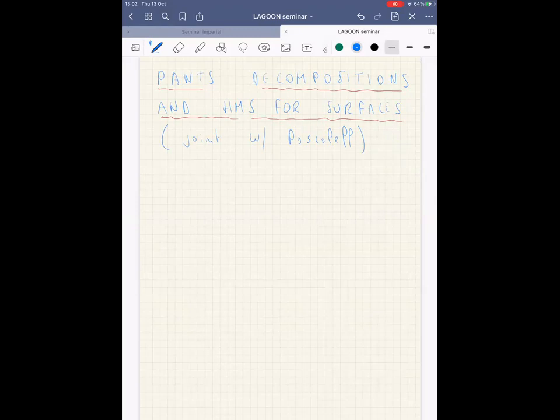So what I'd like to do is start with a survey of homological mirror symmetry for Riemann surfaces, from the perspective of sheaf-theoretic methods.